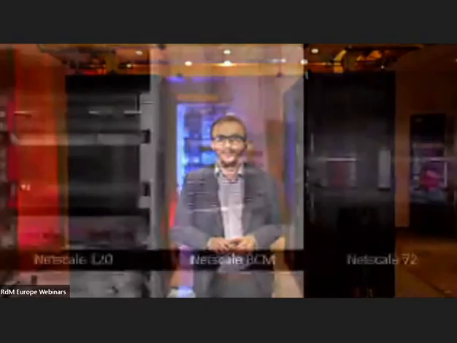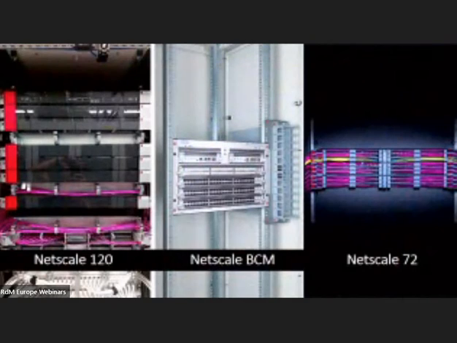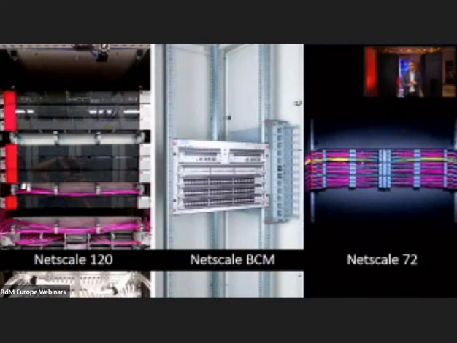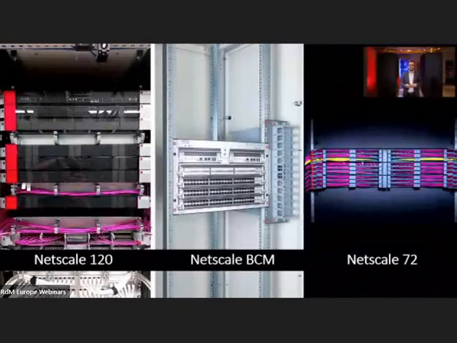Netscale 120 significantly reduces the space in the rack required for patching, which means more space for active equipment. The downside of this panel is that it works only with pre-terminated cables.